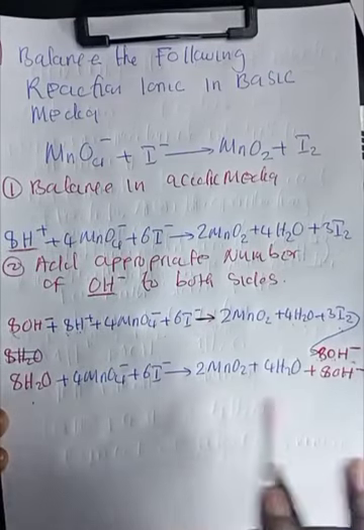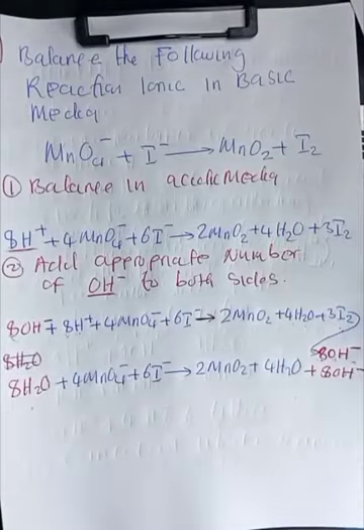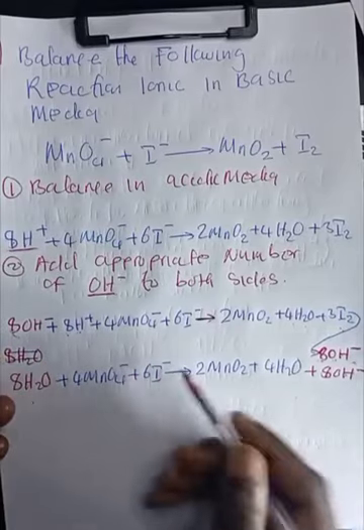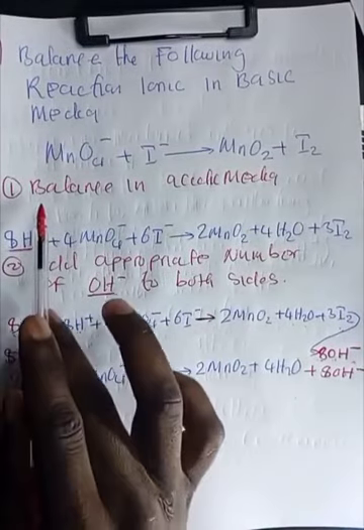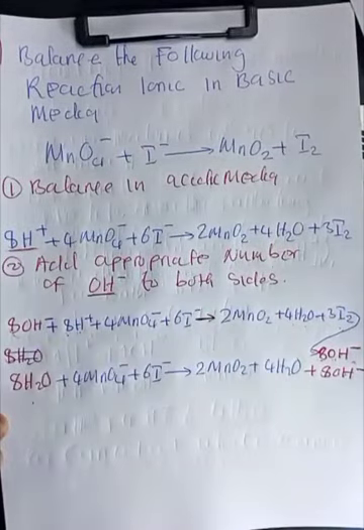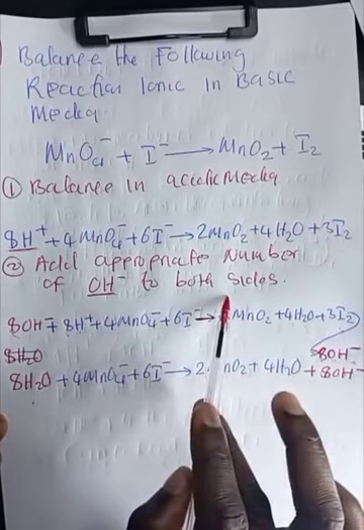So we have formed water. If you remember, one of the steps we talked about was that when we balance in acidic medium, we add hydrogen ions, then hydroxide ions.